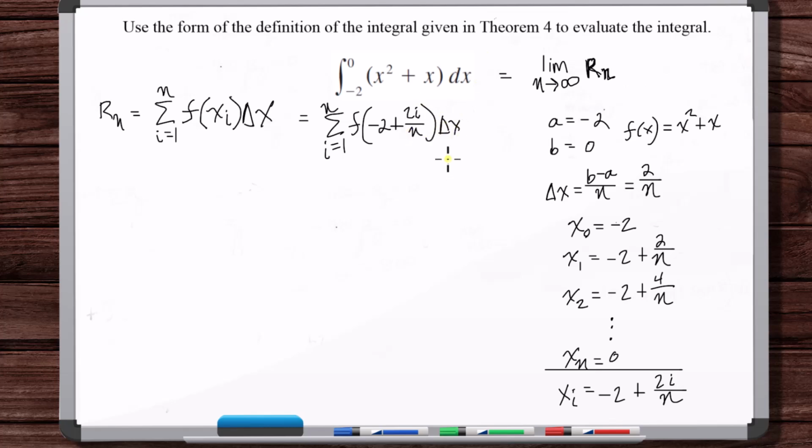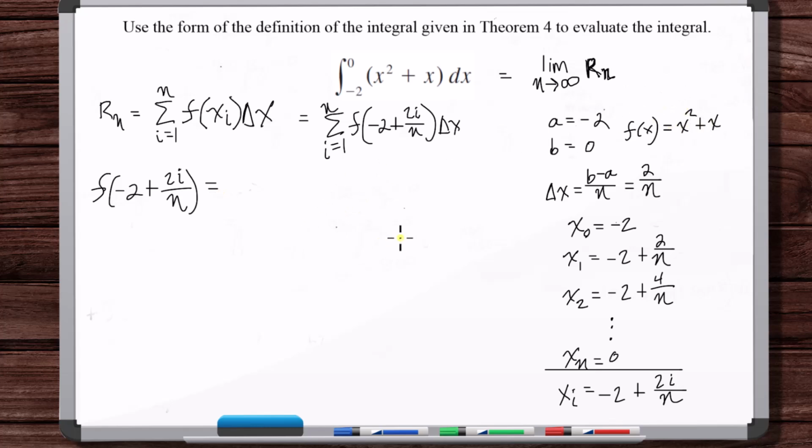There we go. So the next step is, here's our f of x. Let's evaluate f of minus 2 plus 2i divided by n. Well, we just evaluate it here.